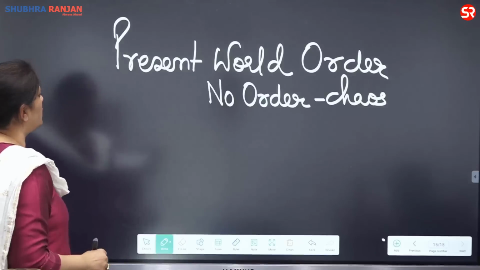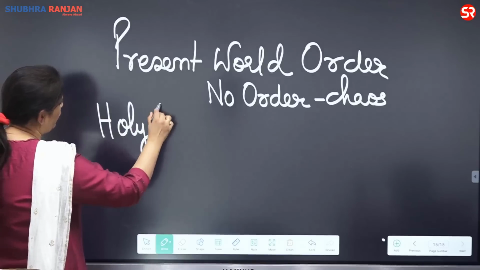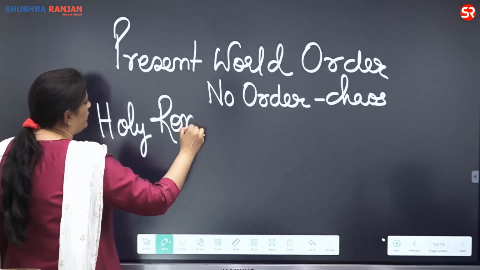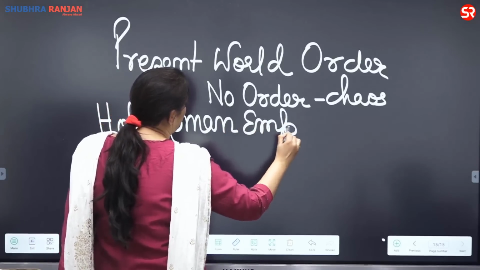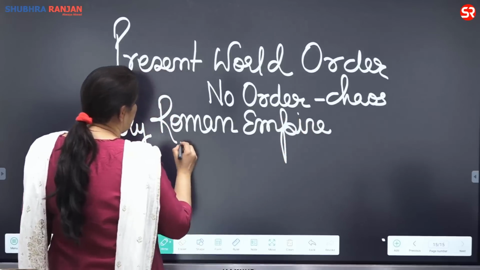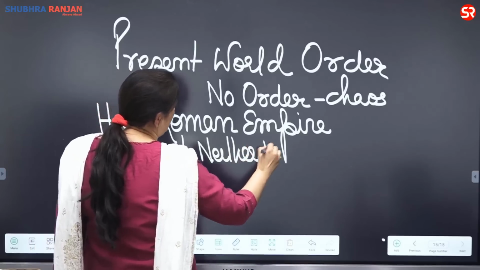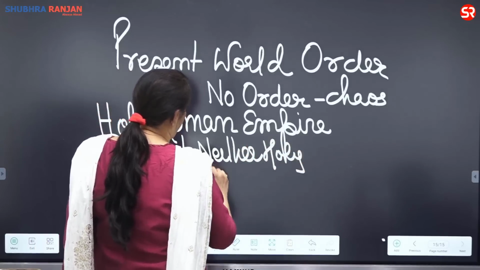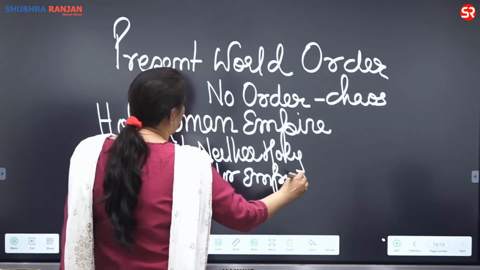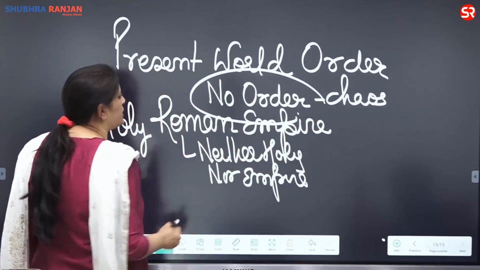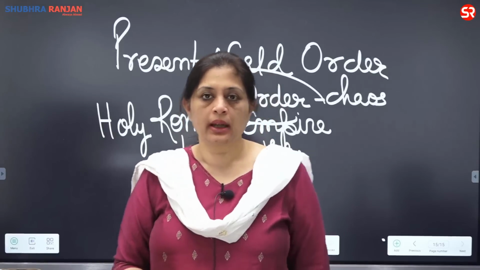Like in case of the Holy Roman Empire of medieval time, it used to be said that it was neither holy nor empire. So, saying there is no order, it is in the state of chaos. Fine.